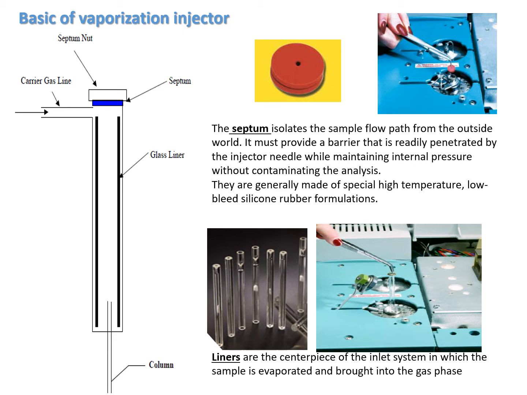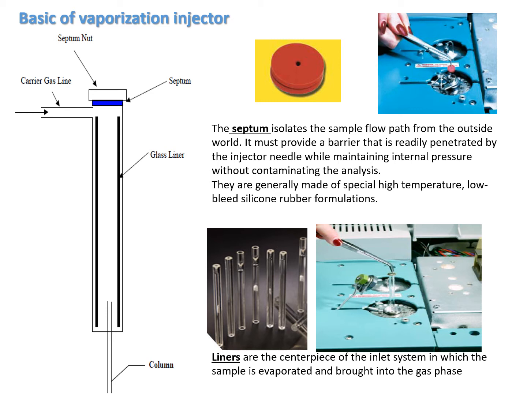Basically, the septum isolates the sample flow path from the outside world. It must provide a barrier that is readily penetrated by the injector needle while maintaining the internal pressure without contaminating the analysis. So they are usually made of high temperature, low bleed silicone rubber formulation.